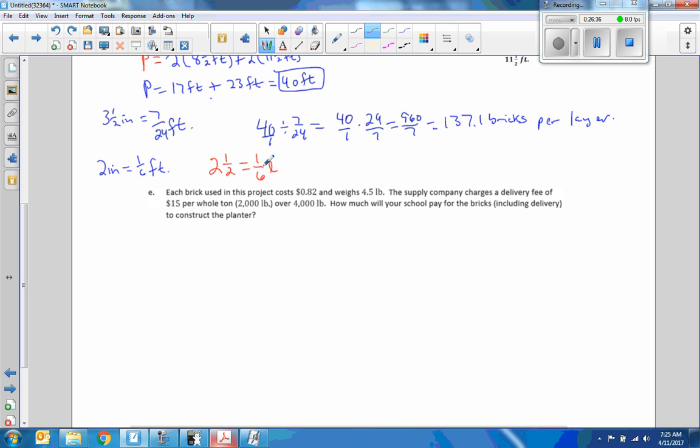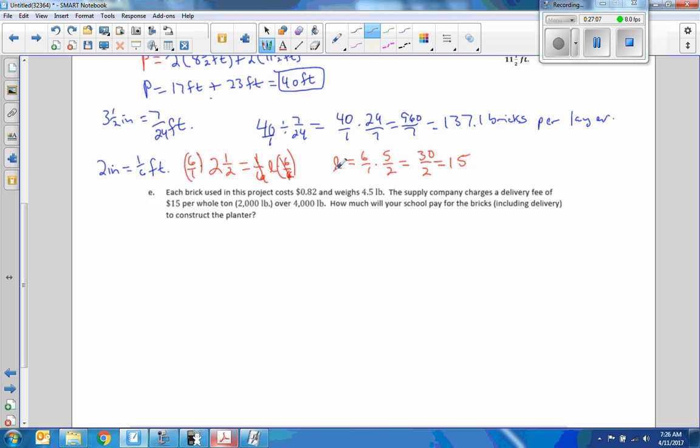So in order to solve for this, I have to multiply both sides by 6. The 6 over 1 and the 1/6 are going to cancel, leaving me with L equals 5/2 times 6, which is 30 over 2, which equals 15. So that's how many layers there are.